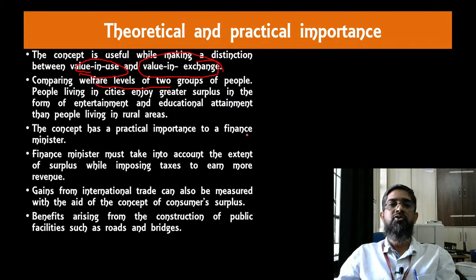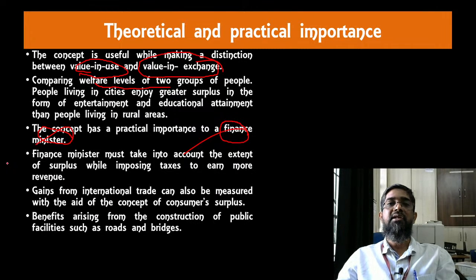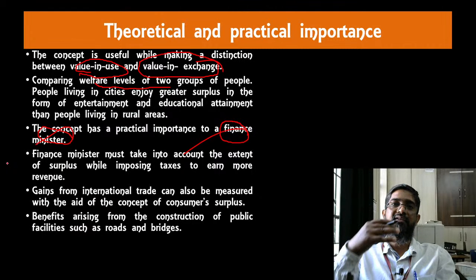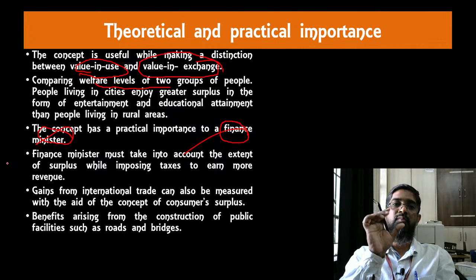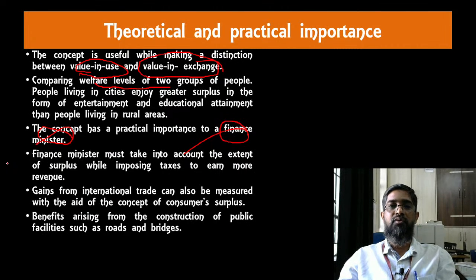It is also important for the finance minister to decide on projects which have higher consumer surplus, higher utility, and to see how much the taxes should be, because taxes reduce the consumer surplus by increasing the price of the product. When price increases, your consumer surplus goes down.